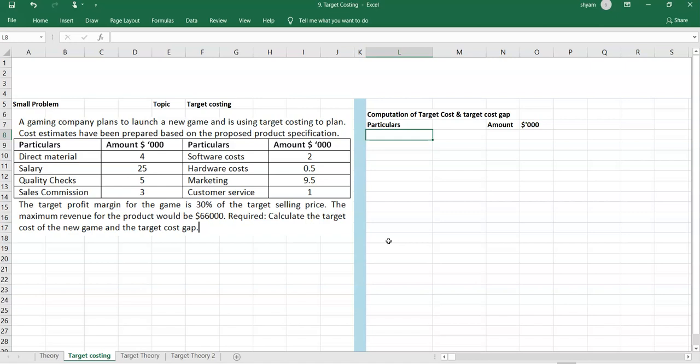We'll start with the target selling price.